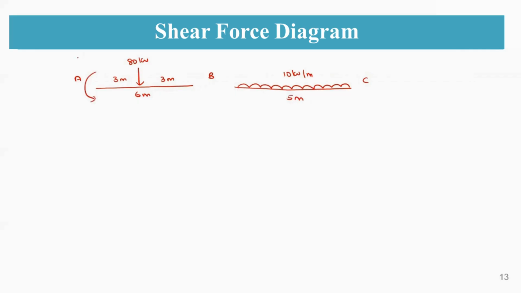So this is 68.9 kilonewton meter, 42.2 kilonewton meter, and 10.15 kilonewton meter. So now coming to the reactions, this is RA, RB1, RB2, and RC.